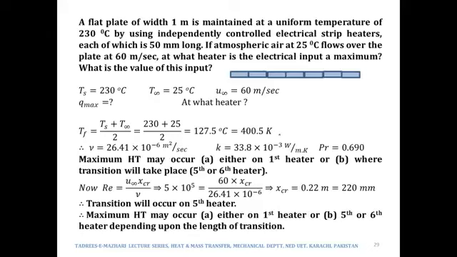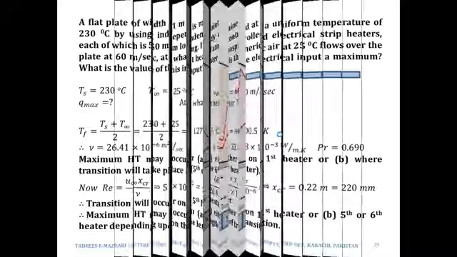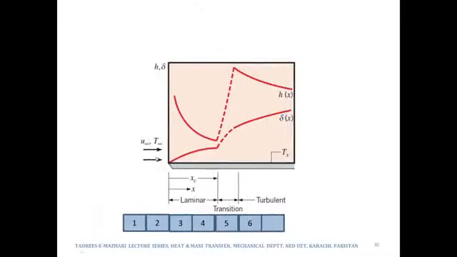And if you take a look at this diagram again, maximum value of H would occur over the first heater if and only if the flow is entirely laminar or entirely turbulent.